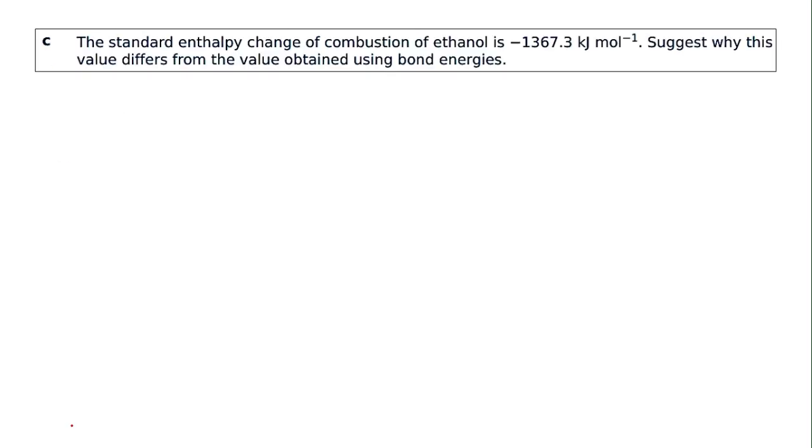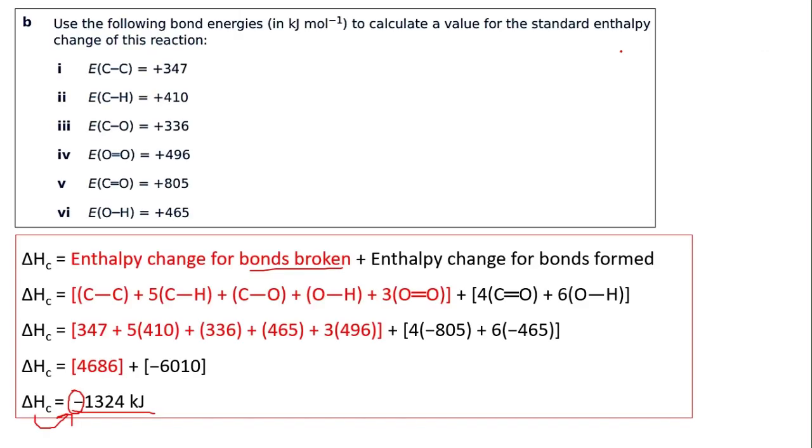Part C, the actual value of the combustion of ethanol, if we have it by experiment, is minus 1367.3. But the answer we are getting is minus 1324 here.